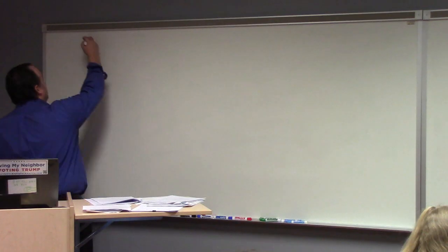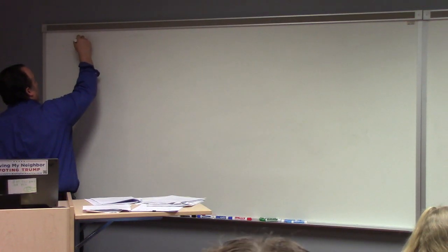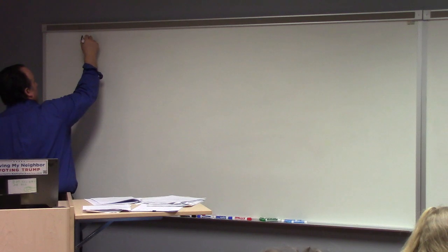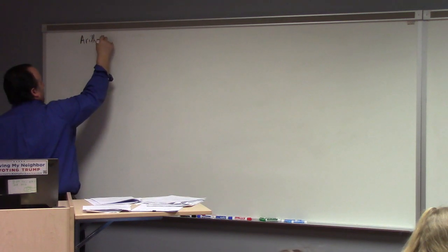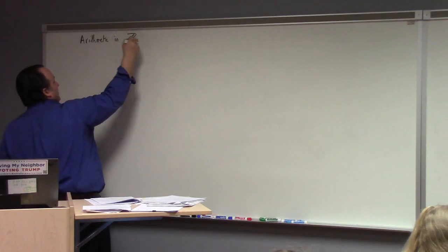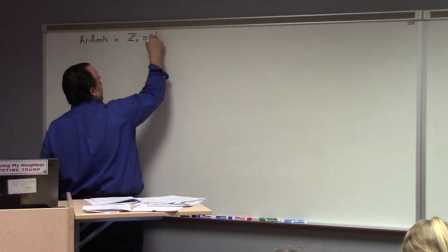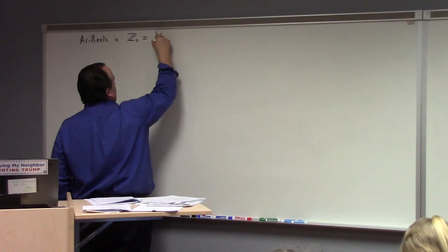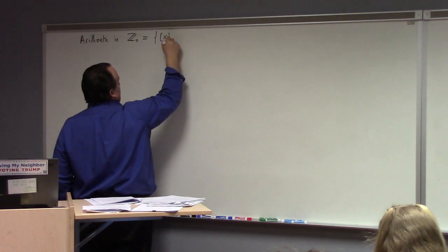Okay, so I'm going to go back to the basics, prove a few things, just to make sure we're on a solid footing. So I want to talk about the arithmetic in Z mod n. Now, remember, Z mod n for us was defined to be equivalence classes modulo n, right?